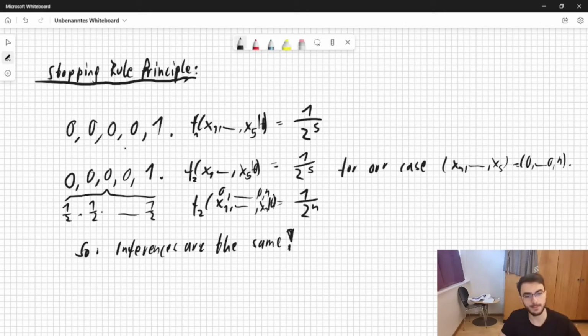That's why it's called the stopping rule principle. If we toss a coin like 20 times, and compare it to tossing a coin until some event based on the coin happens, we don't care what kind of event. This time it was the event that the coin is head. It can be anything.